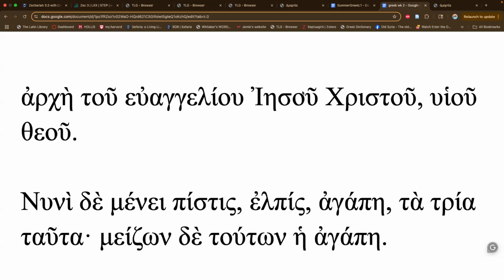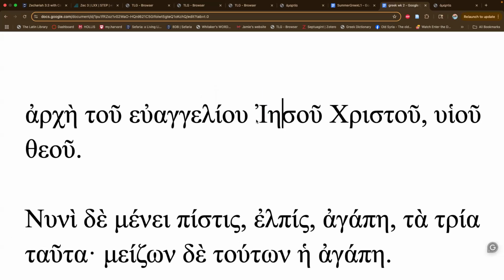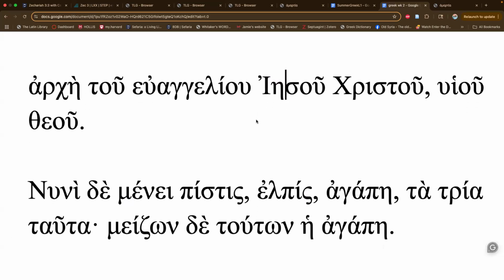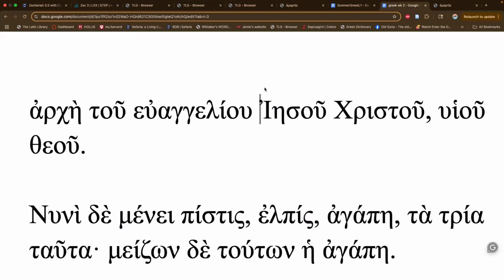And then you said the eta is either E, or it could be an A. Yeah. And a good reason why I pronounce it as A is, see here, if we pronounce both of these as E, you would have EE. So that'd be Isu.